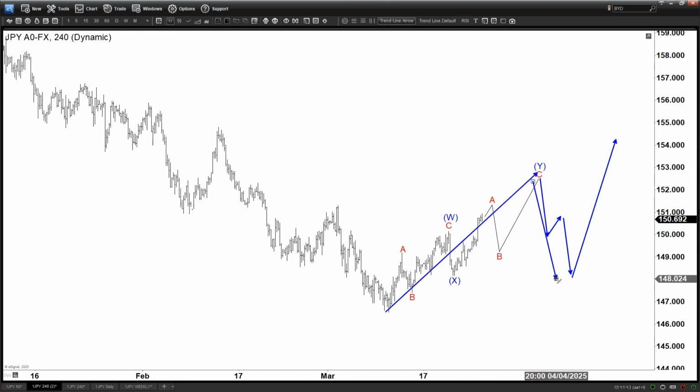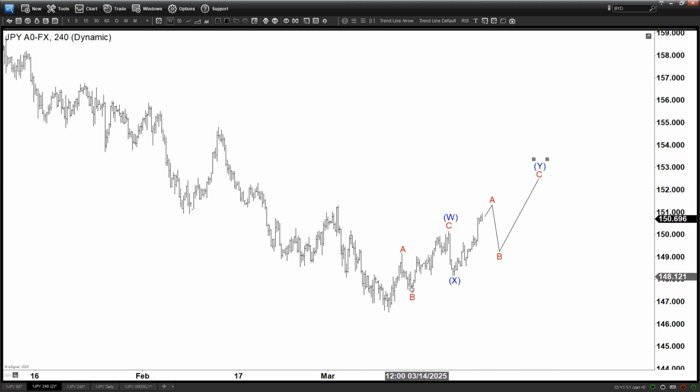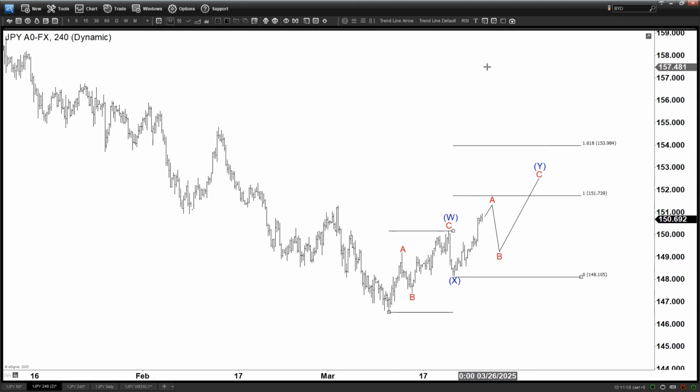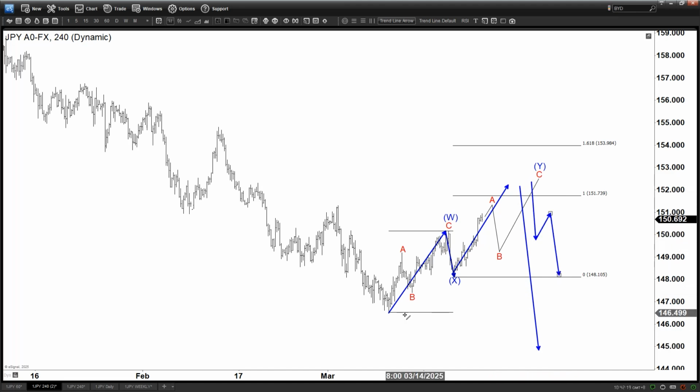But the fact that this leg at least is 3-wave suggests that probability-wise it's more likely we're going to break below the low again, and in the shorter cycle we can see a bit more upside to finish this WXY. That's a potential area of 150.70, 154, which is based on the extension of the WXY here. And again from here there's a potential to either go to a new low or at least a 3-wave pullback to correct this entire rally.